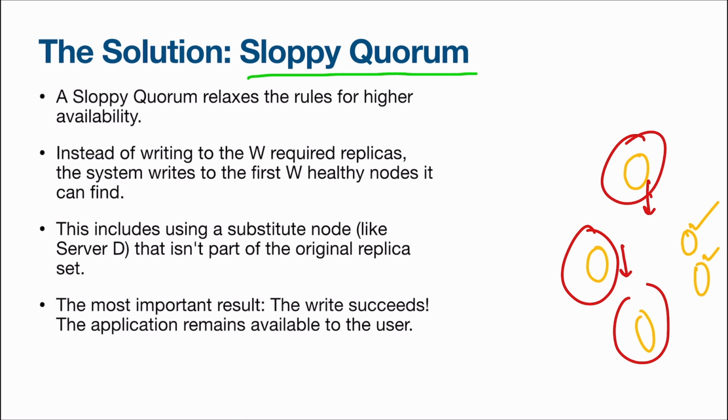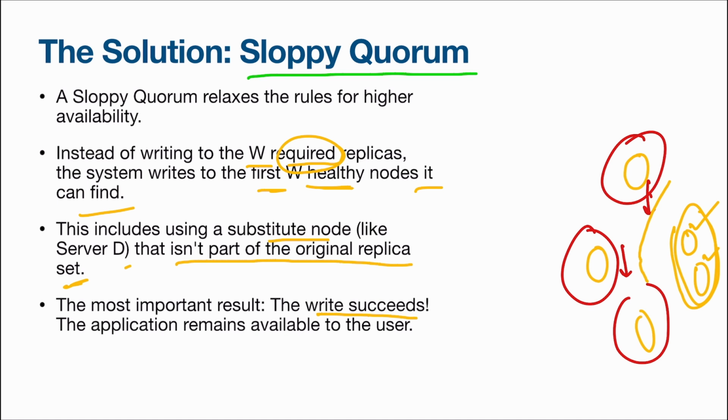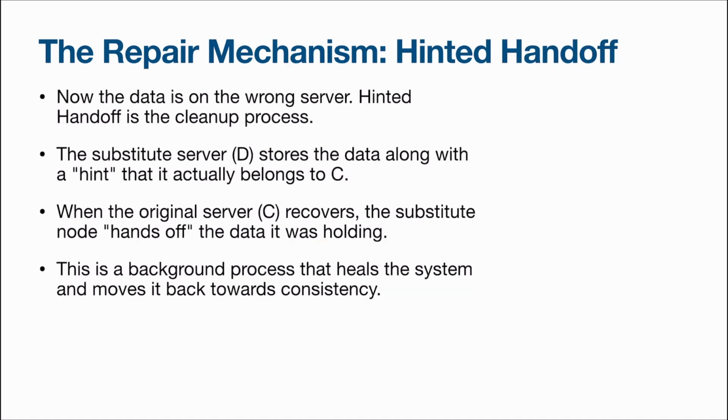So instead of writing to W required replicas, the system writes to the first W healthy nodes it can find. This includes a substitute node like server D that is not part of the original replica set. These servers are not part of the original replica set, but they rise to the occasion. And what is the most important result? The write succeeds and the application remains available to the user.